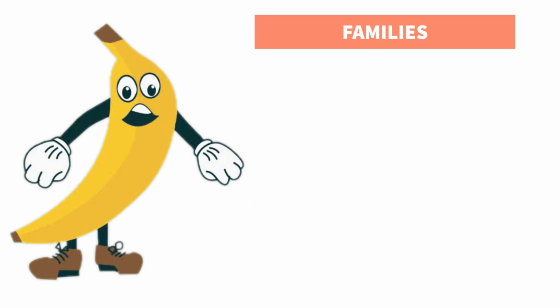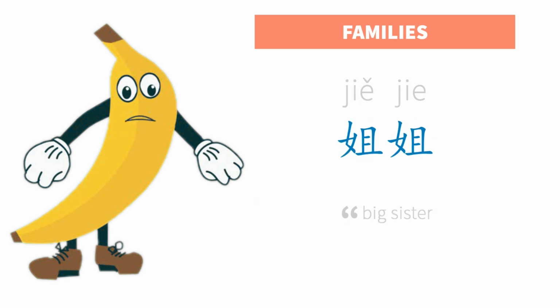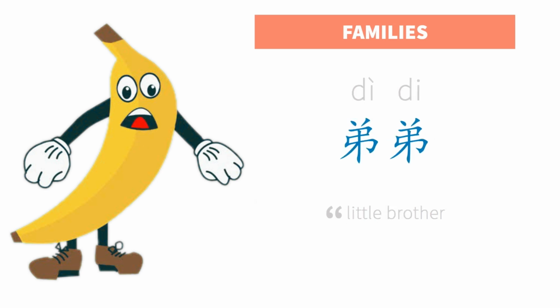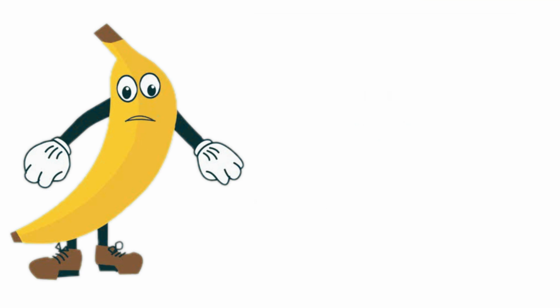We'll be using them in sentences now. 哥哥，姐姐，弟弟，妹妹。So you'll see a person.